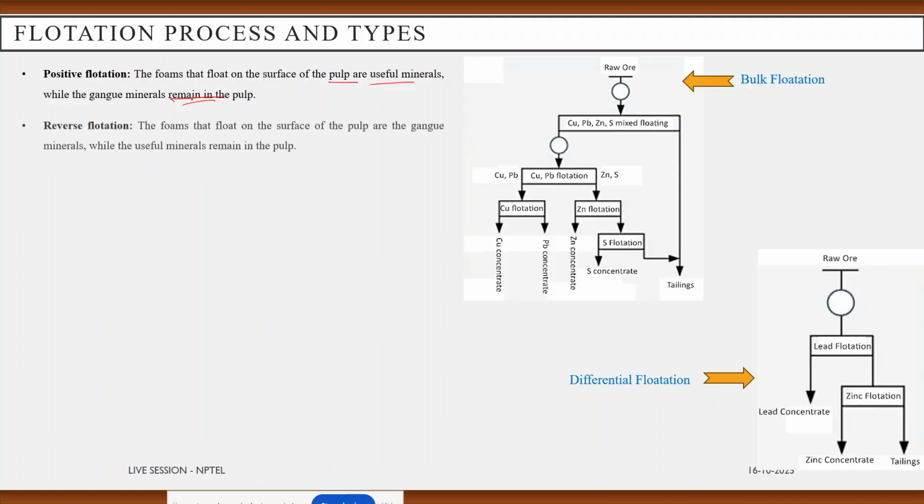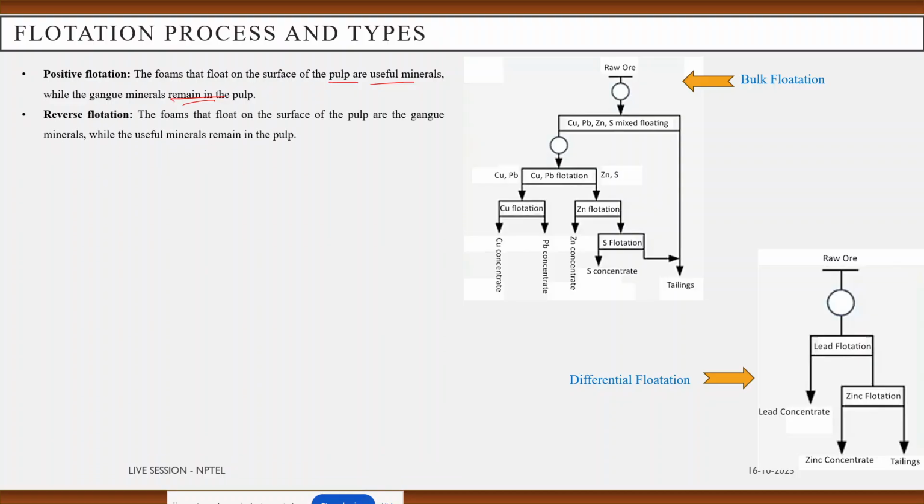This is positive flotation, which usually occurs like that. But reverse flotation means the foam that floats onto the surface of the pulp is not desired. It contains gangue material, while the useful minerals are in the pulp.